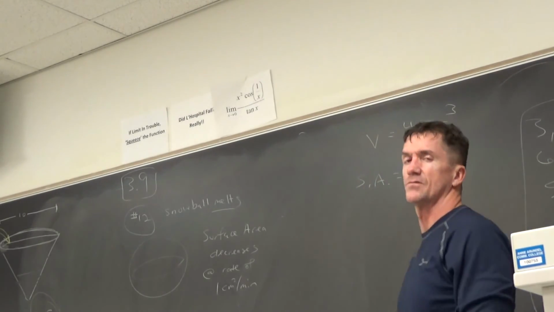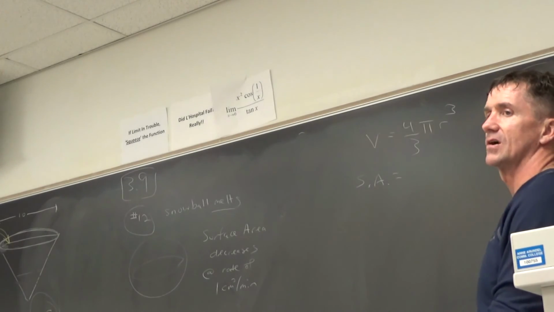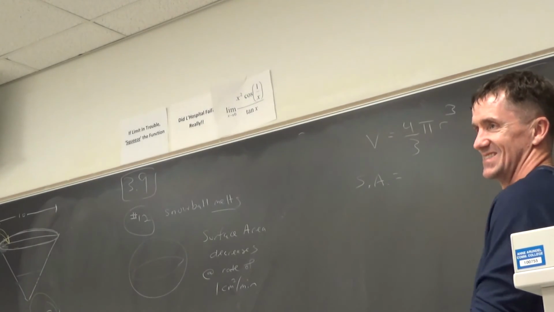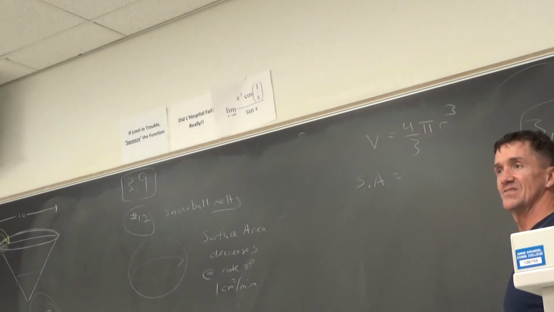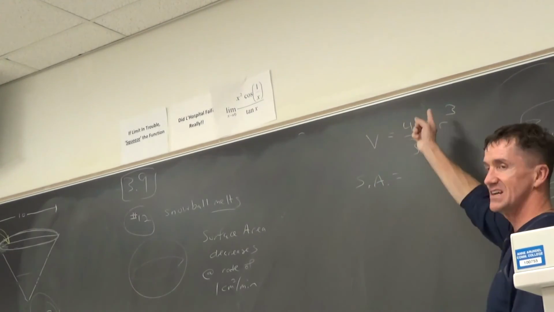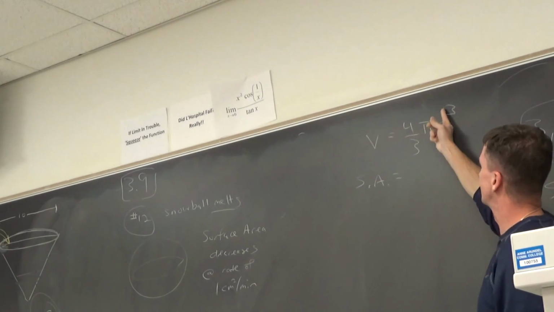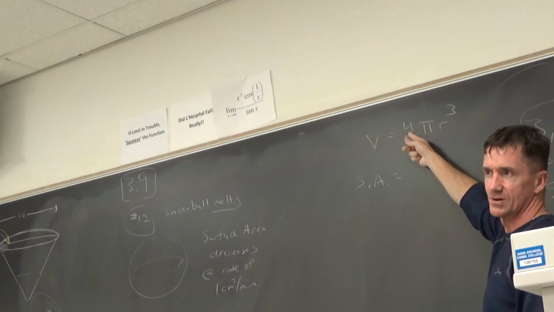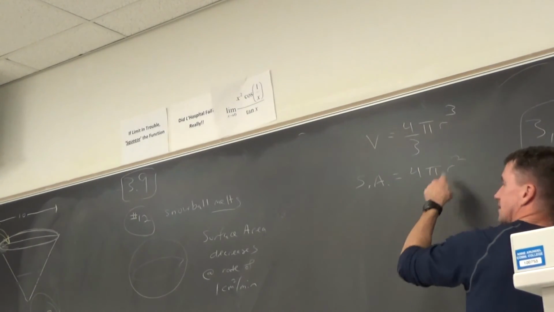If you don't want to memorize another formula, did you know that if you just differentiate the volume with respect to r, you'll figure out the surface area of a sphere formula? So let's do it. It makes it an easy way to remember surface area of a sphere. Just differentiate that, and you'll know the surface area. Try it. 3 times 4/3, so that's 4. There it is.